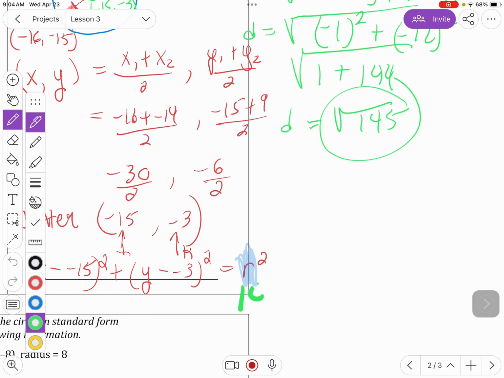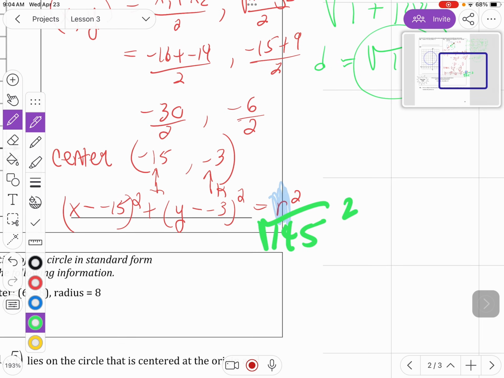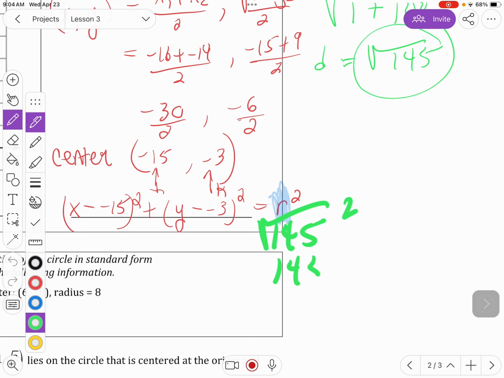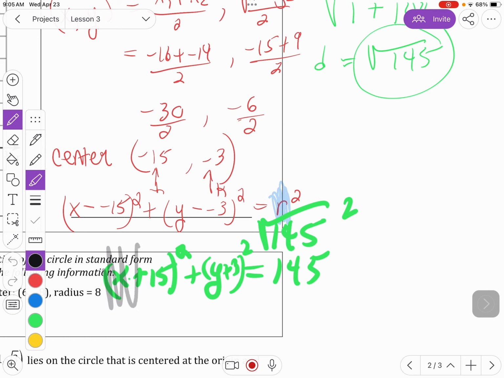So what is the square root of 145, squared? That's just 145. That's what I'm going to put at the end. And then I'm also going to change these signs to be x plus 15 squared and y plus 3 squared. All right, so there's my finished equation right here.